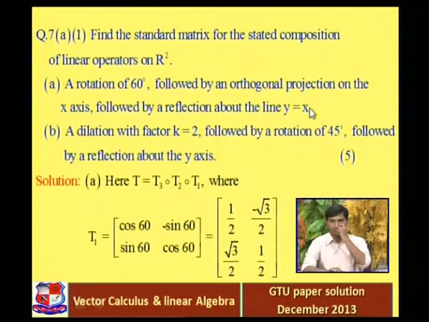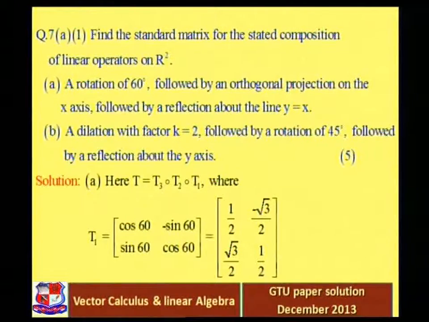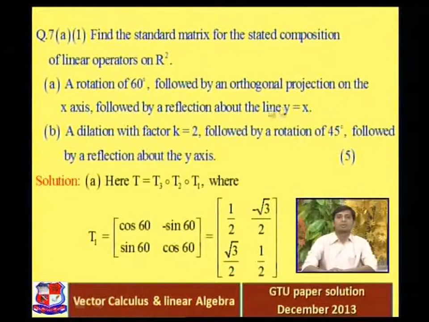Now just try to understand the meaning of this: a rotation of 60 followed by an orthogonal projection on the x-axis, right? So definitely we have a composition of 3 transformations. First one is rotation, then orthogonal projection, and then reflection about the line y is equal to x. So first of all, this is the rotation.